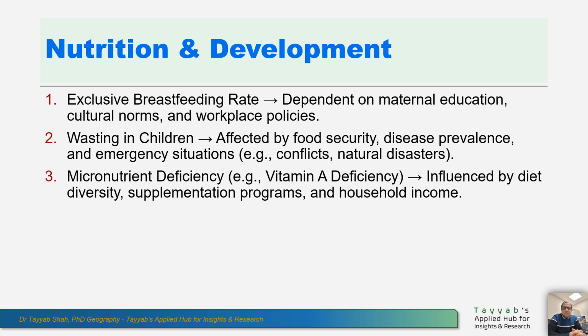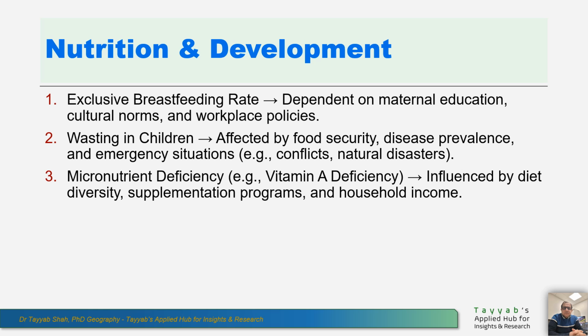If you're looking at something a little different from the health point of view, but closely related, nutrition and development could be another area. Exclusive breastfeeding rate is also an important research topic, along with children's mental health, growing, and some related things. They can also understand the prevalence of breastfeeding patterns.